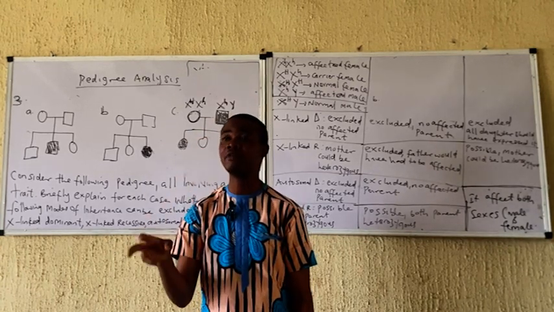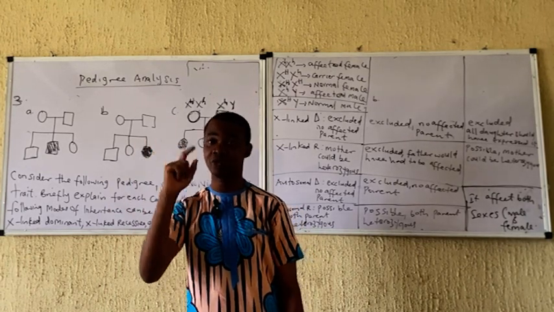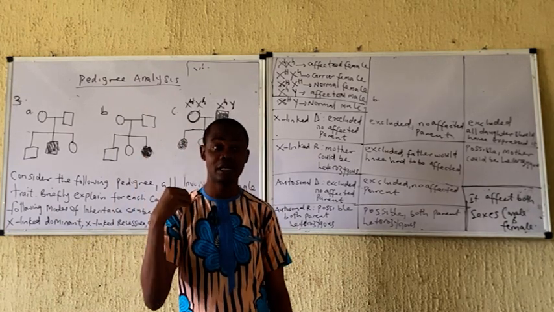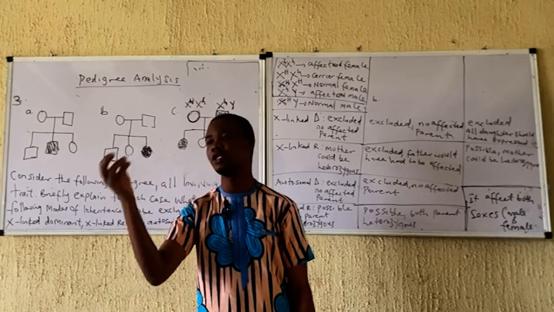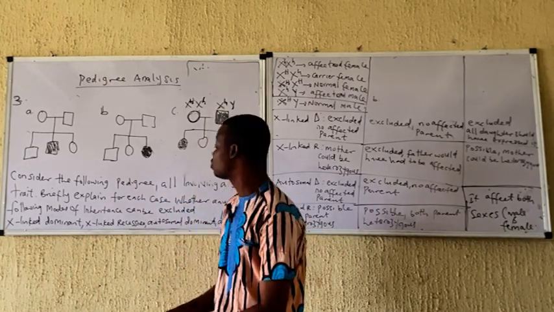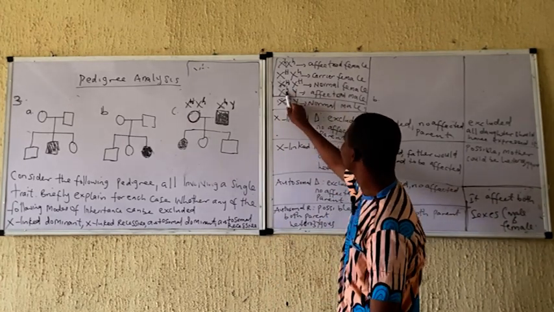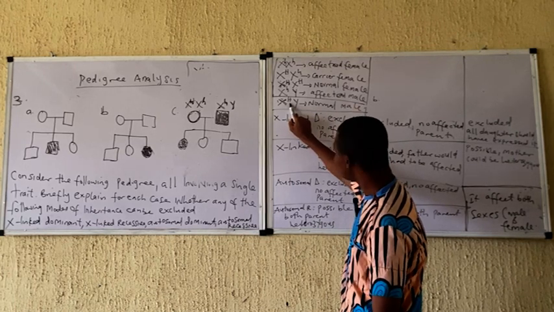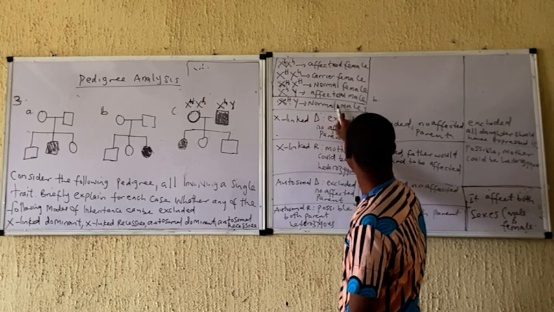So if a male individual carries the recessive gene, he will express it. But if a male individual does not carry the recessive gene, he will be a normal individual. Look at this man: he has the recessive gene, so he's affected. This man lacks it and has the normal gene, so he's a normal male.